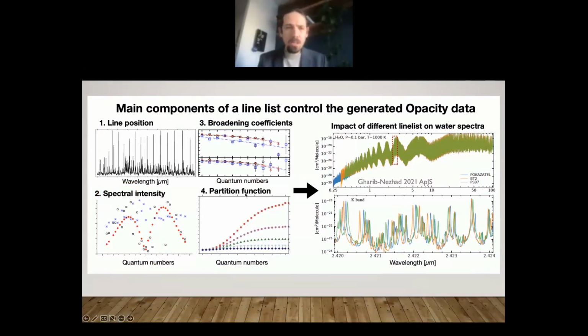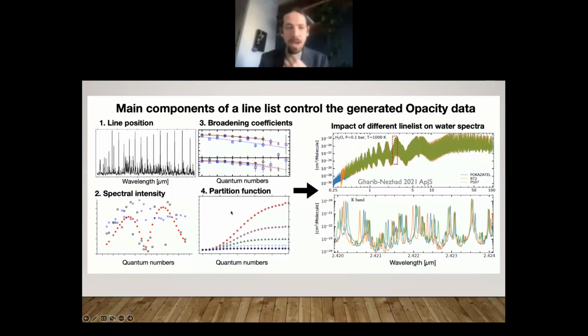When we talk about opacity, we refer to the line list. We are talking about the line position. We're talking about the broadening coefficients, like the impact of the broadeners, the background gas, on the absorber itself.